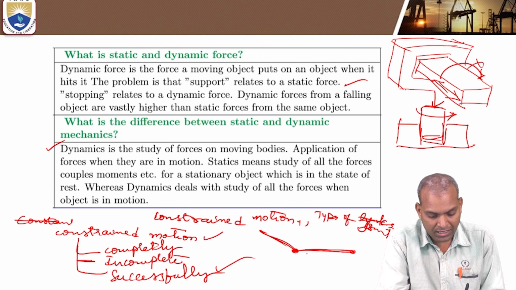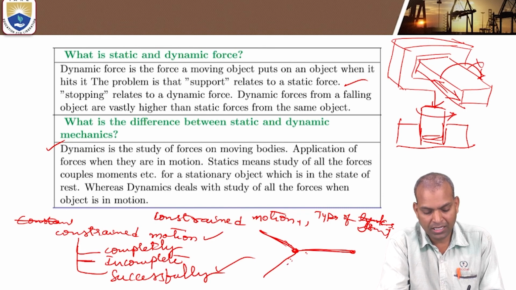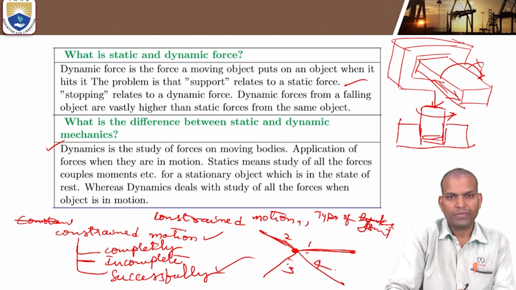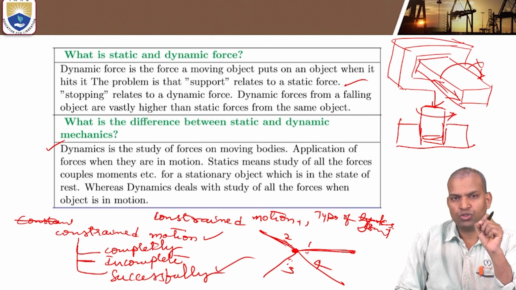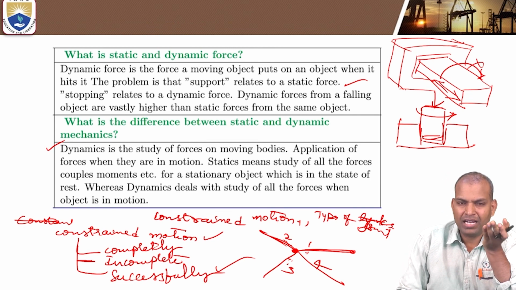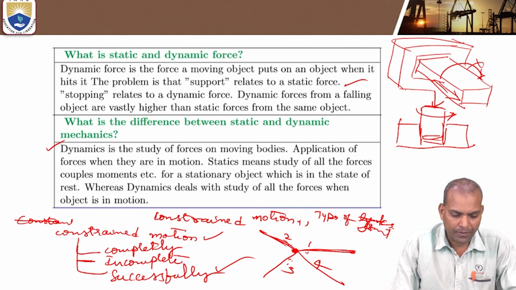If the joint is connected to 3 links, it is ternary. At this joint, 3 links are connected, so it is ternary. If 4 links, it is quaternary. Like that, each joint is connected to a number of links, and based on that number it is binary, ternary or quaternary.